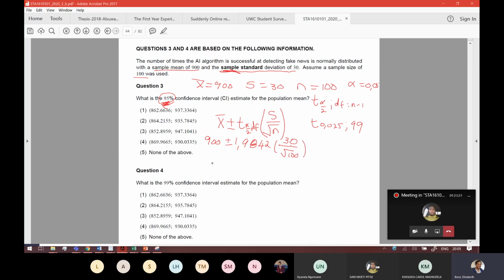If you calculate everything on the right hand side of the plus or minus, it will be 900 plus or minus 5.9526.